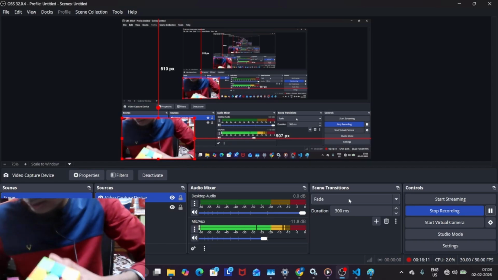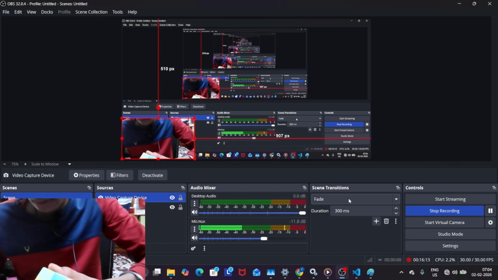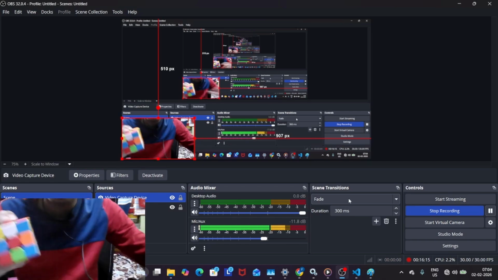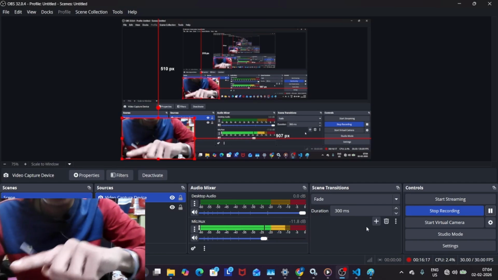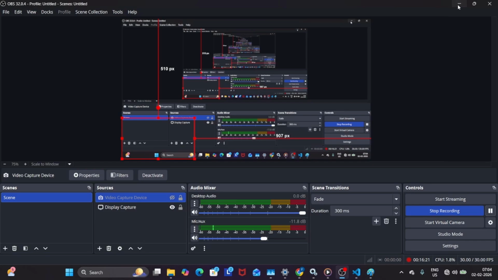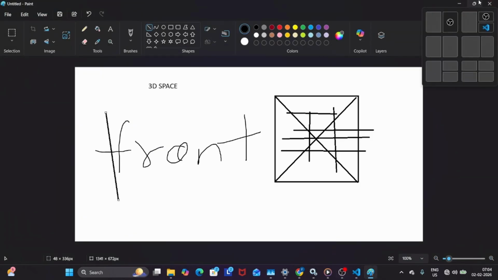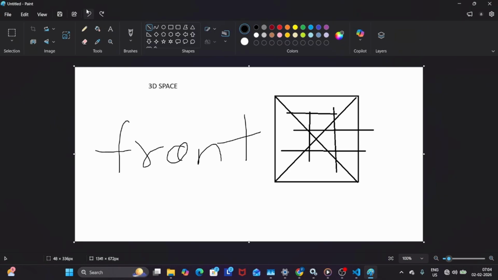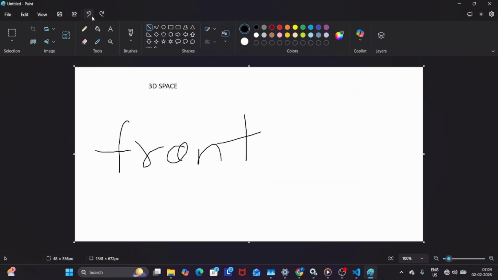So this is the thing, and now I'm going to draw a diagram. Let's draw a diagram. For example, this is not 3D space, this is the wrong topic, so you know that.